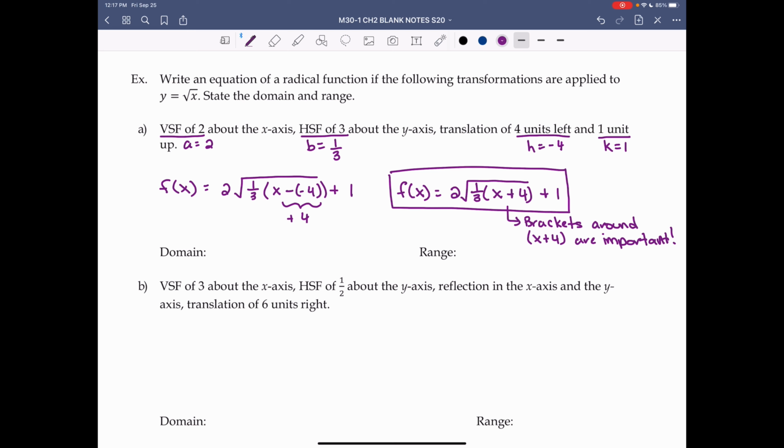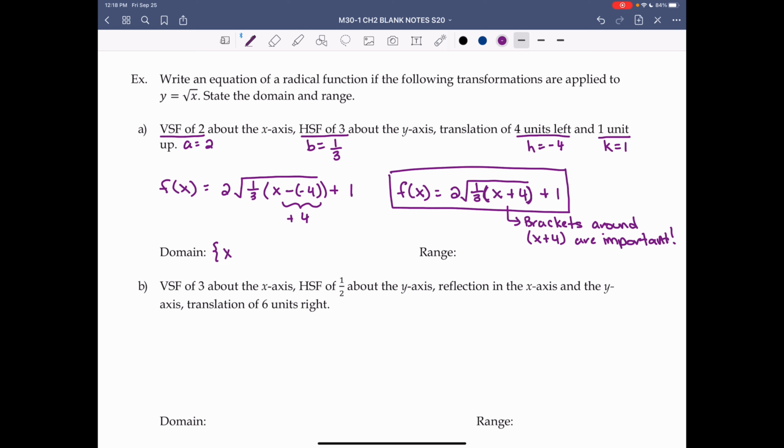If you don't put the brackets, then it means that you're going to have to factor out your 1 over 3 from the radicand, which would change the value of h from negative 4 to something else. So if the value of h is negative 4, we need to make sure that we have these brackets so that b is clearly 1 over 3, which is separate from the x plus 4, showing that h is negative 4.